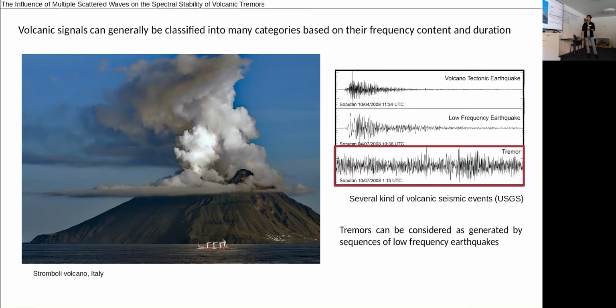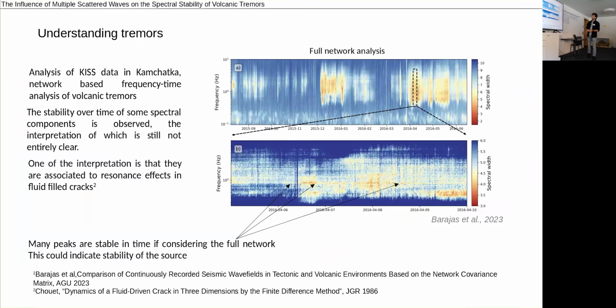Now, the reason why we are interested in tremors is that, if we look at tremors, in this case, for example, I'm showing a network-based frequency time analysis of volcanic tremors of a volcano in Kamchatka. What we see is that in tremors, there are some frequency components which are consistent in time.